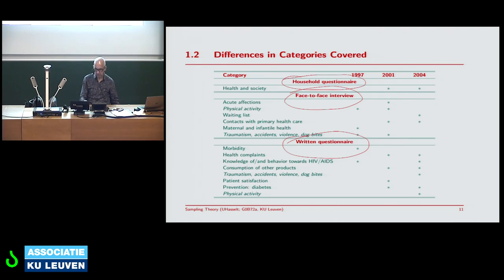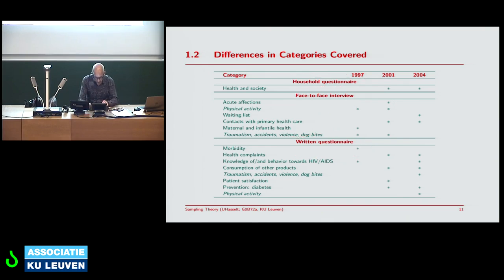But we want as many people as possible to believe, which is actually true in a different way, that more data is better. And some variables to be collected are not necessarily private or sensitive, but they're just very easy, but time-consuming, and they can also be put in the written questionnaire.